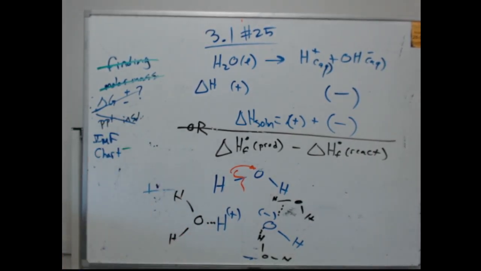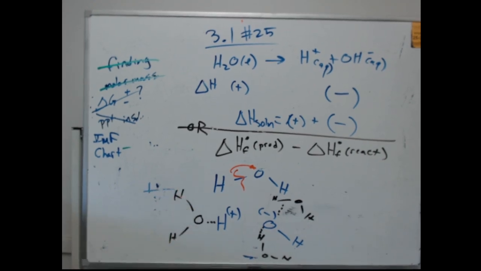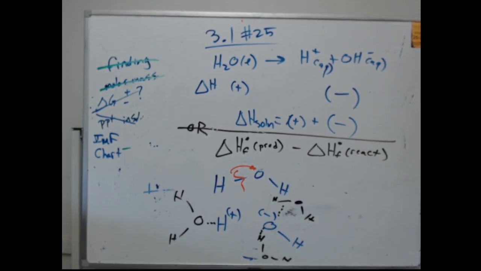So those IMFs that I get back out might make the energy lower than the hydrogen-oxygen bond energy. It definitely is going to be lower than the bond energy, which is why we switched from using bond energy to using enthalpies of formation. I think we just use the enthalpy of formation method. But we still have an idea of breaking a bond. Hold on, if it's breaking a bond, that would be endothermic. But we get these interactions back out afterwards, that would be exothermic.